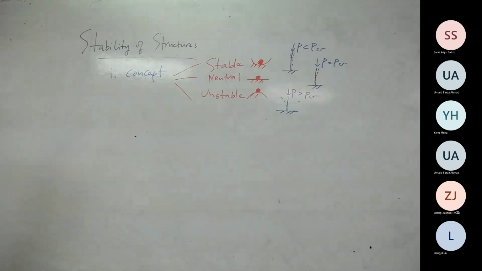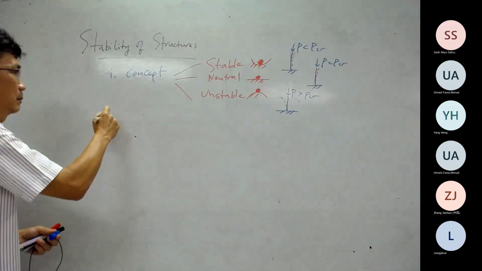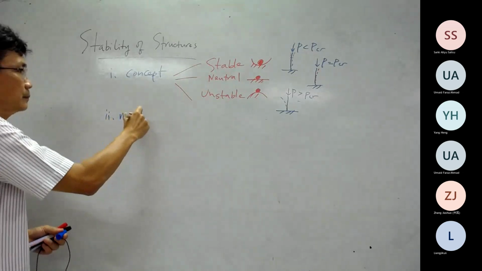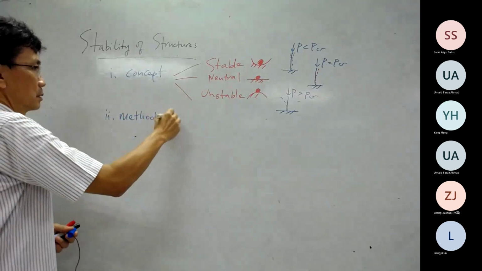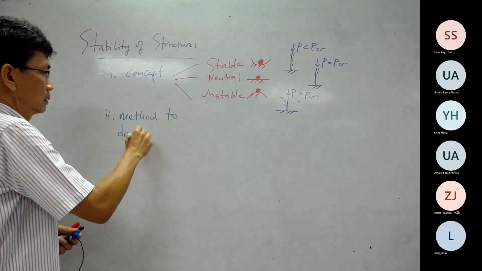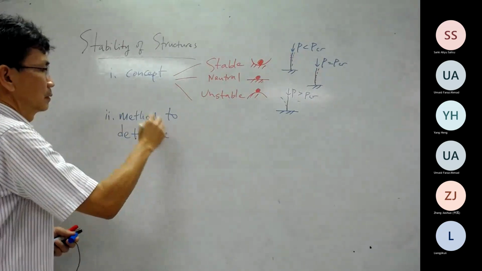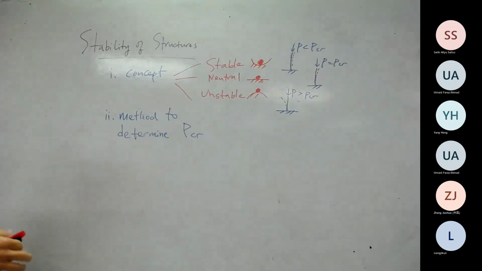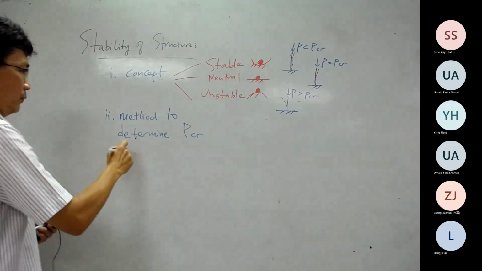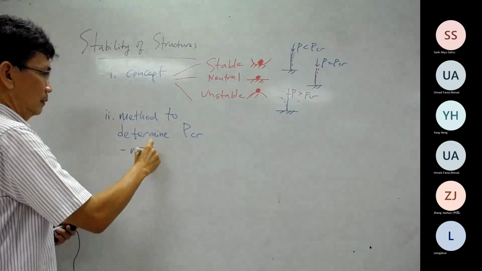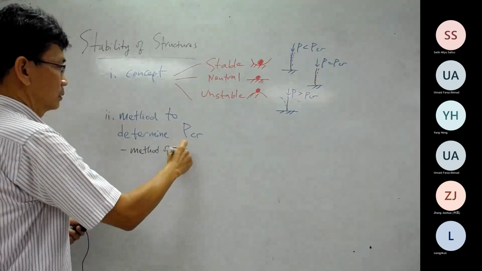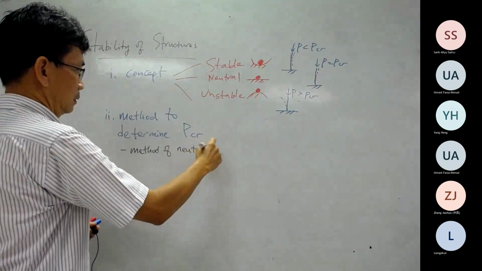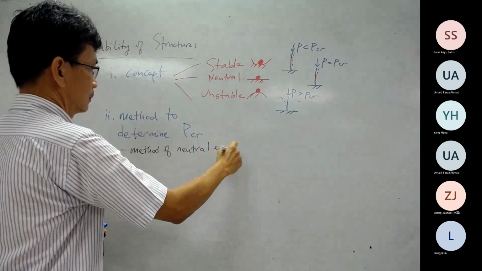Now the rest of the lectures that I cover talk mainly about methods to determine P critical. We cover the method of neutral equilibrium.